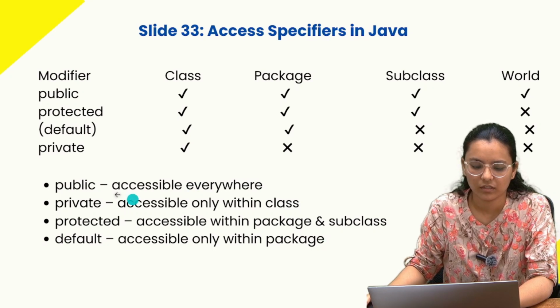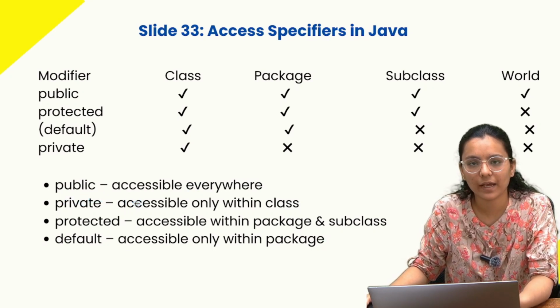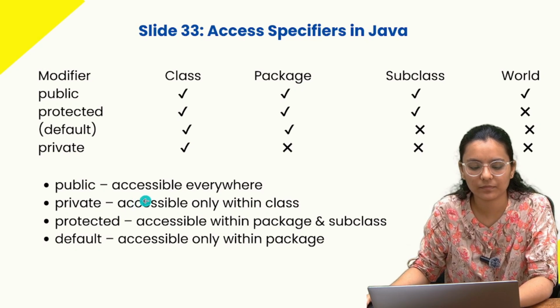Public means accessible anywhere, that is from any class, any package, subclass, or subpackage. At that time, we will use the public specifier. Then private is accessible only within the same class.